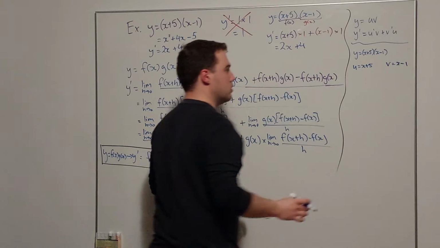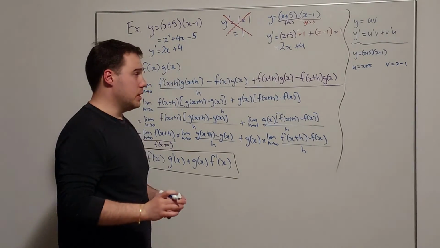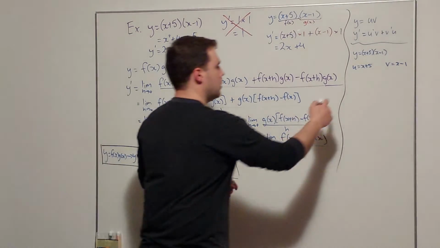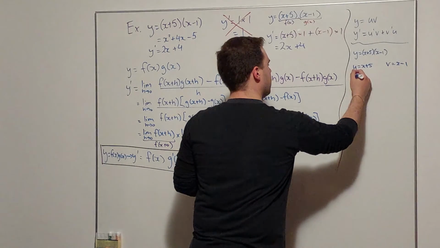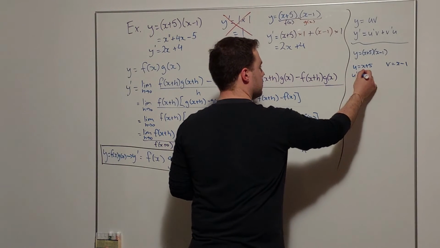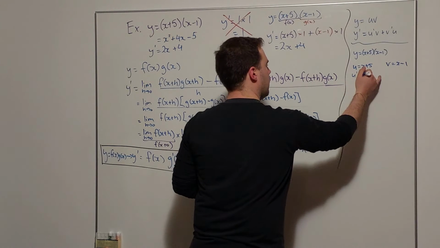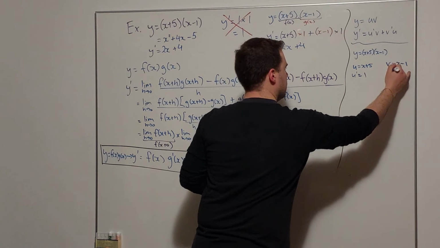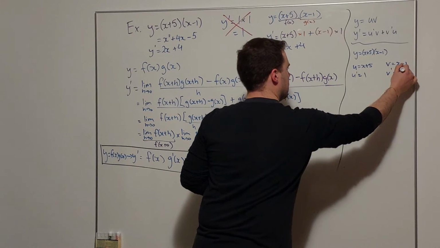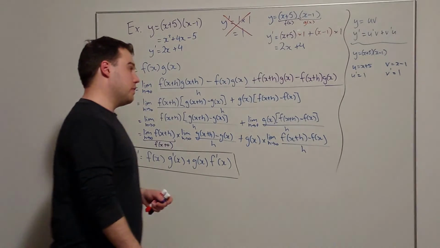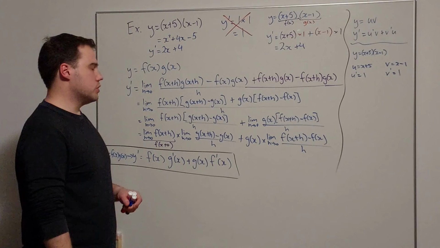Now we've got two little mini differentiation problems. The derivative of u with respect to x is 1, and the derivative of v, the derivative of x minus 1, is also 1.